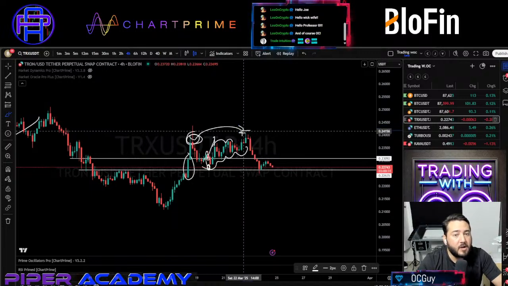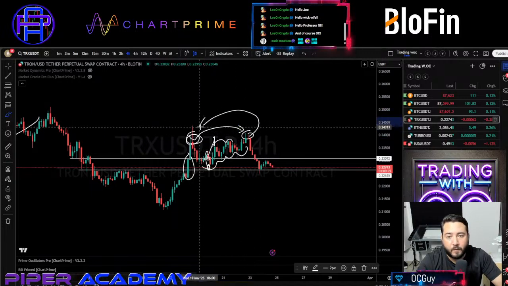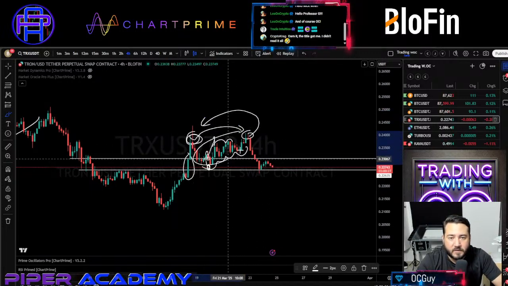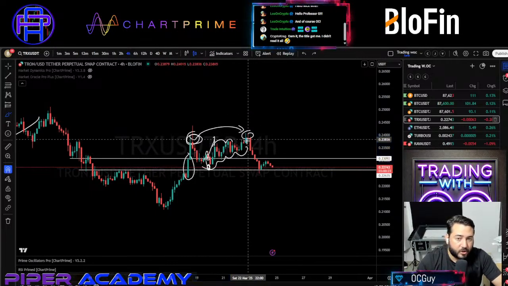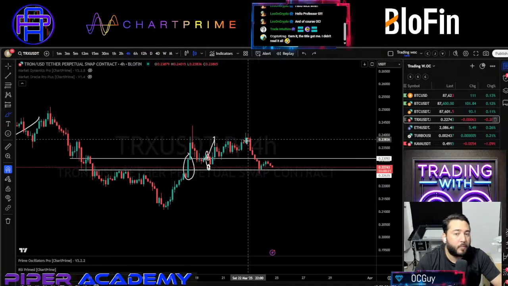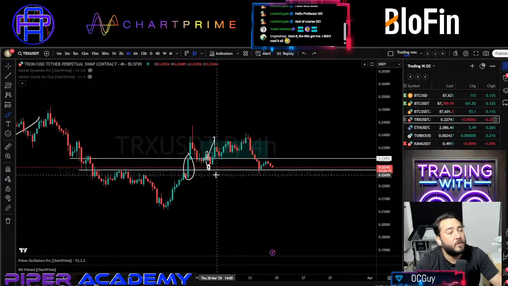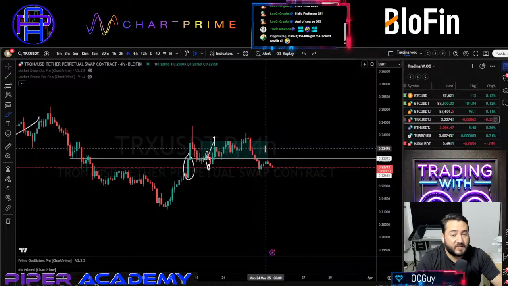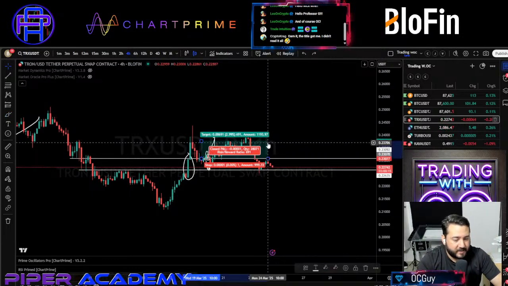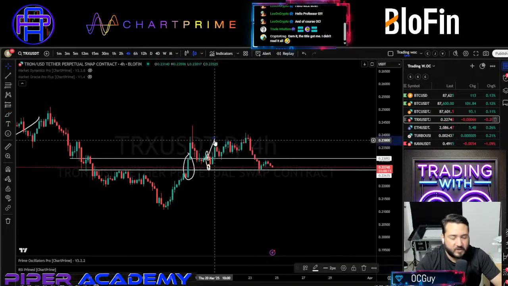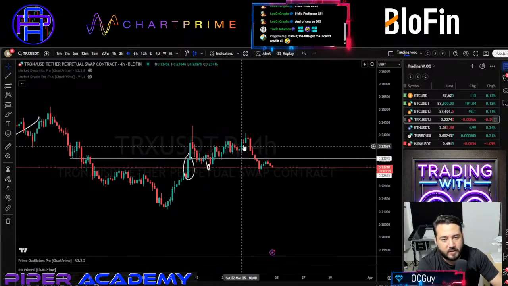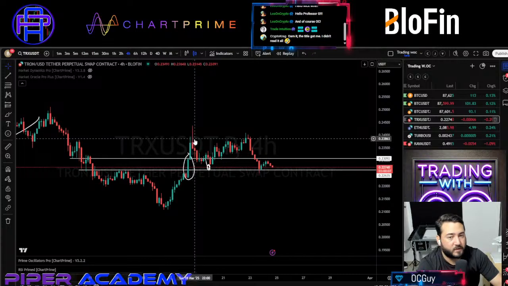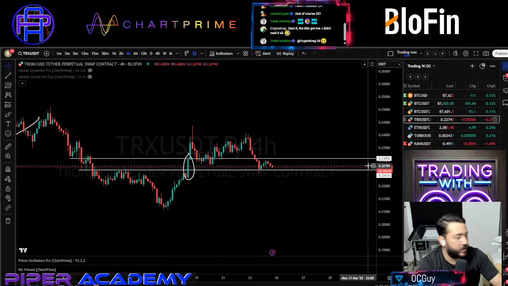Since we are not breaking a meaningful high, this right here becomes an inner structure. So we are not breaking or continuing a bullish setup. And usually that ends up in an opposite trade. Doesn't matter if it's long or short. In these cases where we are not taking the previous highs, it usually ends up breaking the other way around.